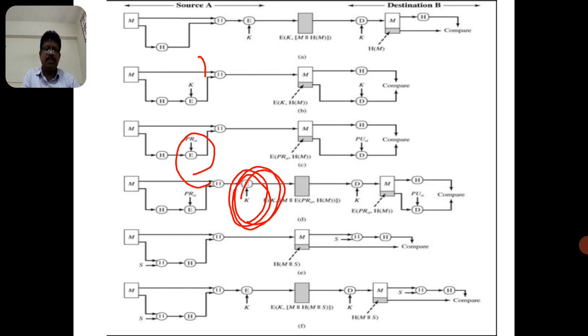We can't apply this session key to the hash function, because the hash function doesn't have any key. That's why the session key is separately added to the message M, these two are concatenated, and finally we prepare the message. On the destination side, if both messages are equal, then it provides its authenticator.